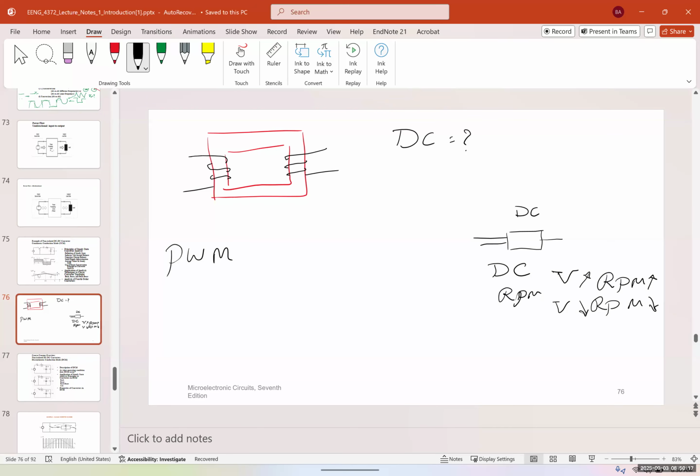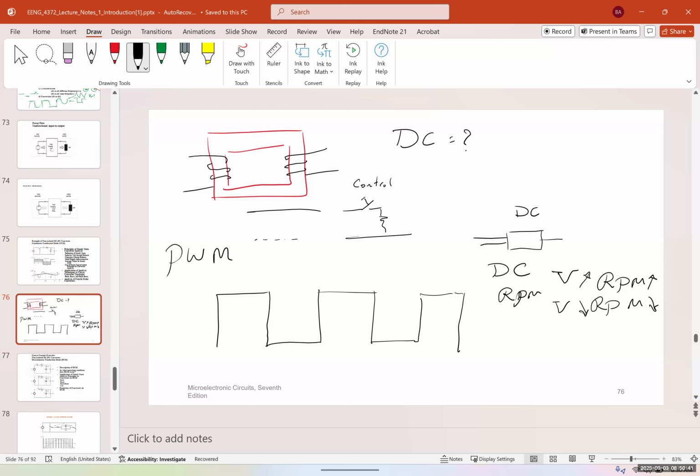PWM is pulse width modulation, okay? So what we do is we have a square signal, and how do we build the square signal? We have a DC signal connected to a switch, and I have a control system connected to the switch, and this is going to be my load.